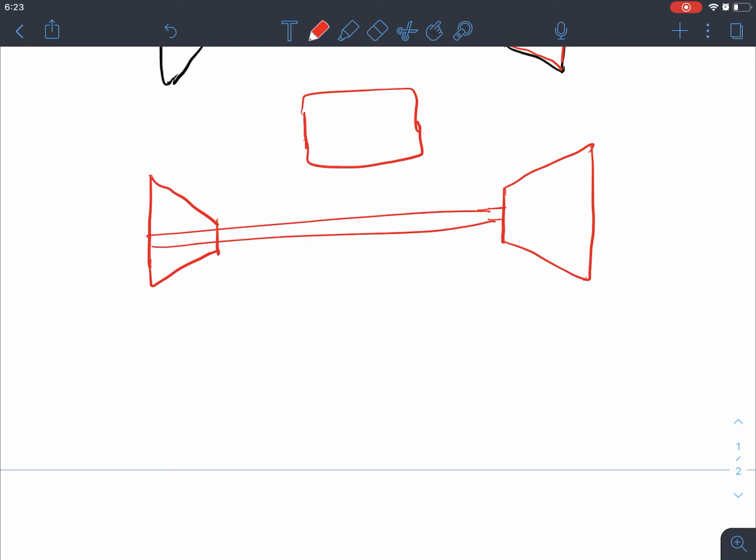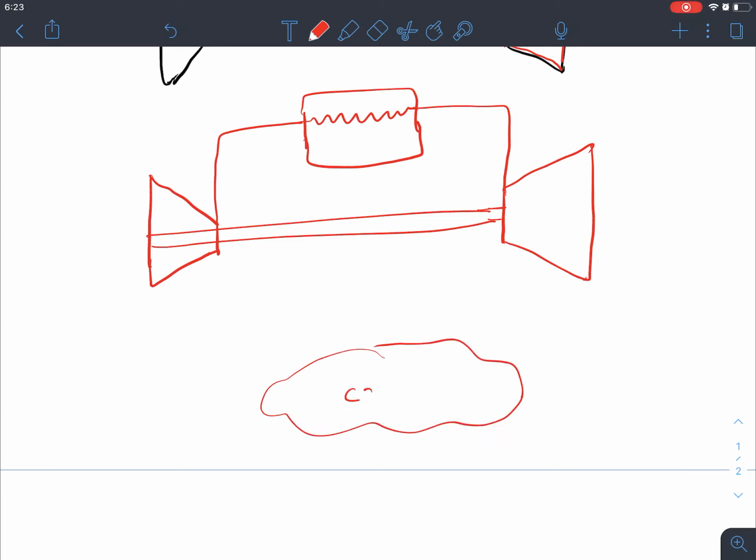Okay, so basically this inlet here will be my cold space, and from here it will be going to the compressor inlet. So this is inlet, this is outlet, and this is the turbine outlet.